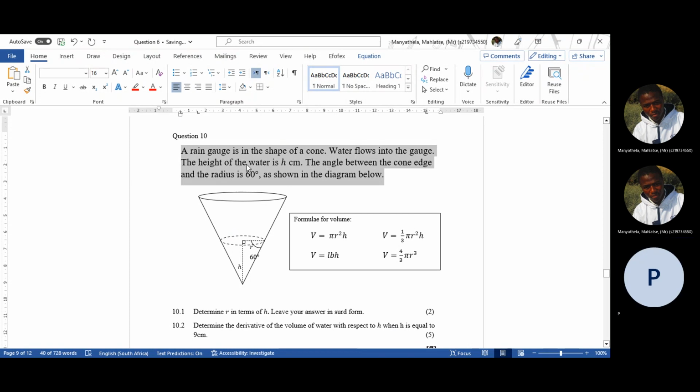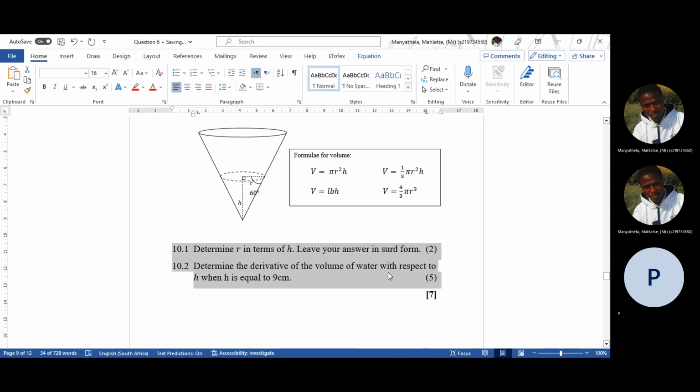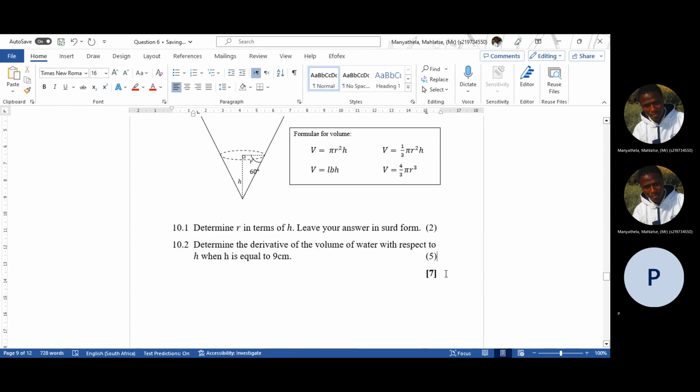The height of the water is 8 centimeters. The angle between the cone edge and the radius is 60 degrees, as shown in the diagram below. So your first question says, determine R in terms of H. Leave your answer in surd form.